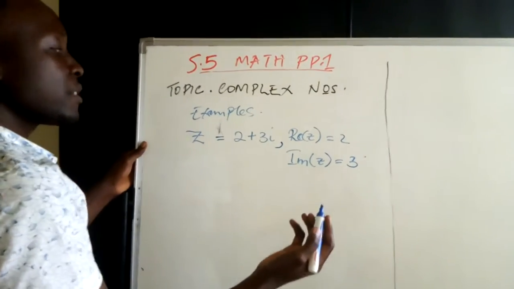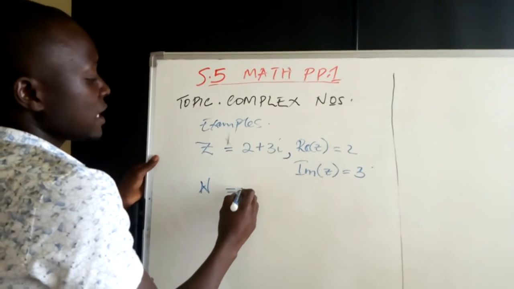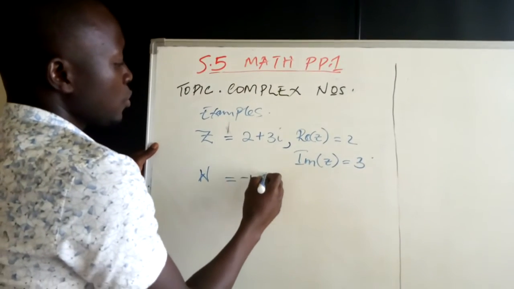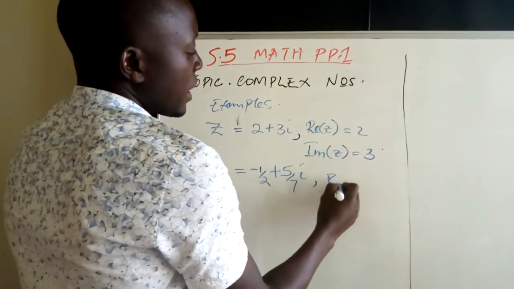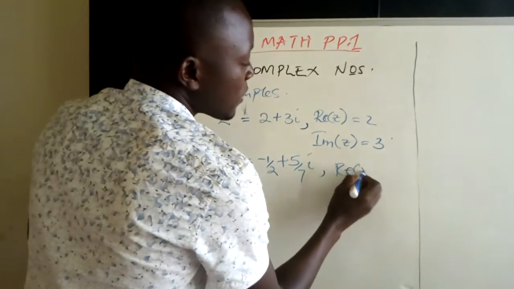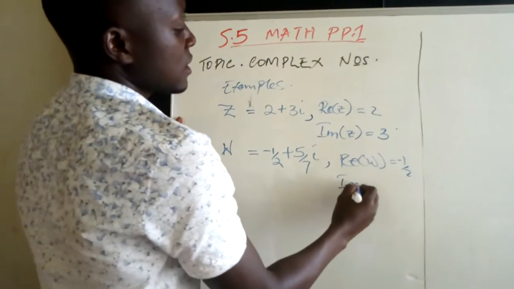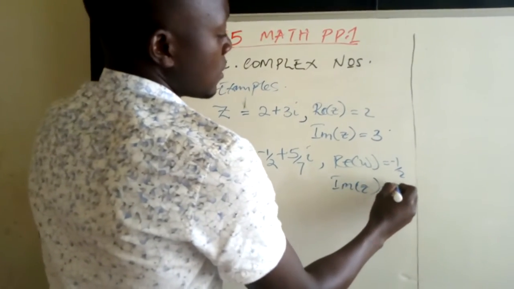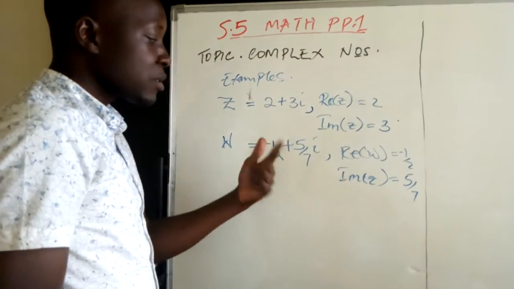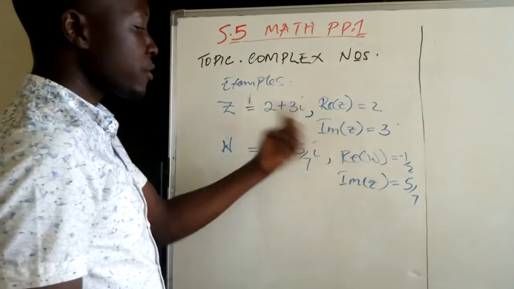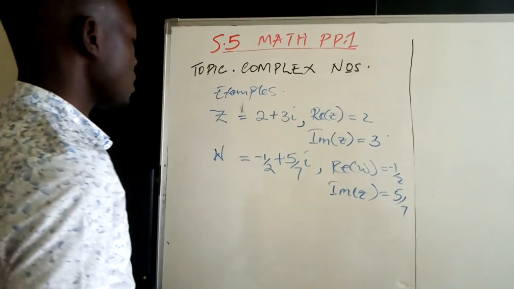You can think of another number. We can have a complex number w which is negative a half plus 5 over 7i. Here the real part of w is negative a half, and the imaginary part is 5 over 7. This can also take on negatives, but provided there is a real part and an imaginary part, that qualifies to be a complex number.